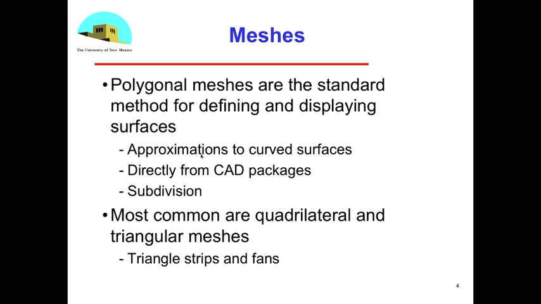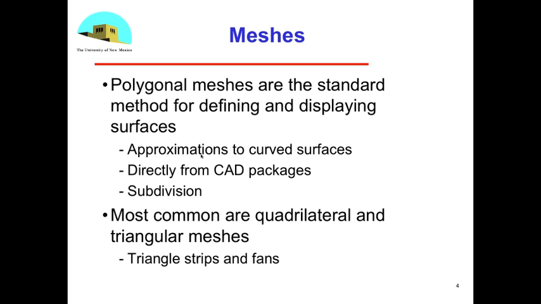But more important is that underlying being able to generate meshes efficiently and represent them and store them and display them, we want to really use triangle strips and triangle fans, so that instead of looking at each triangle in the mesh independently, we can look at the mesh as being one or more triangle strips, and so essentially every vertex after the first two creates a new triangle, which means that you have about a third of the storage that you would have had if you had dealt with each triangle independently.